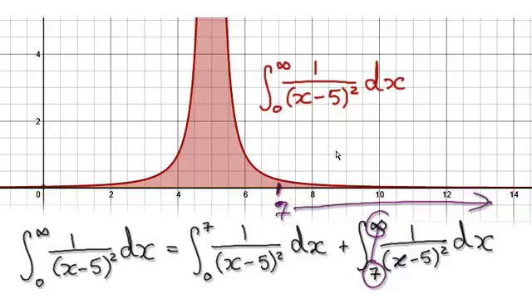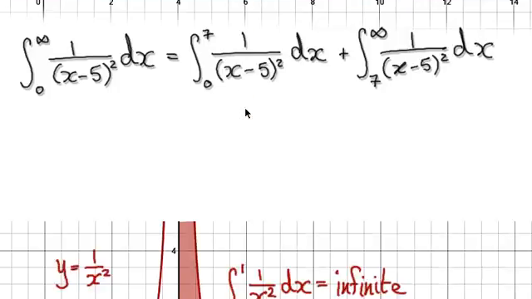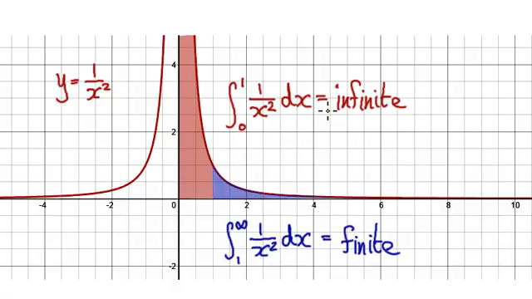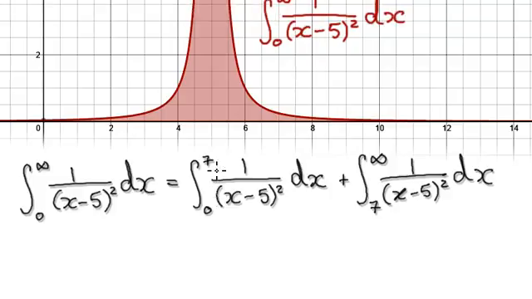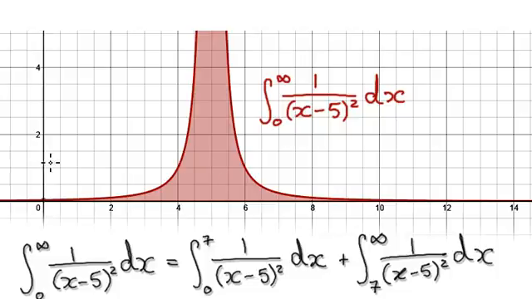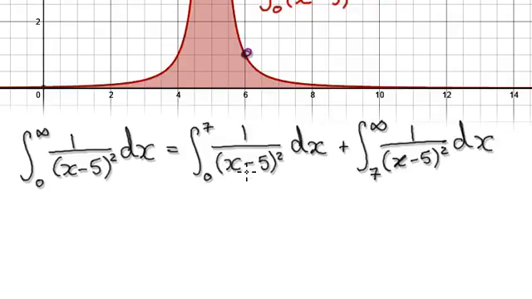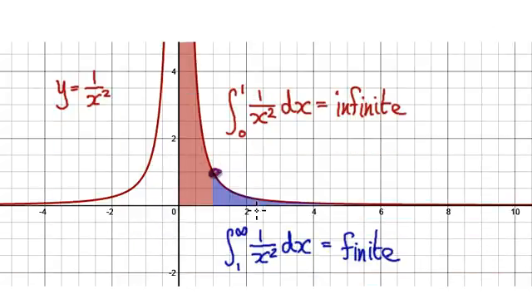Now, if you look at this here, hang on. Remember that when it comes to 1 to infinity, this thing here will converge. So this point here will correspond to this, because it's been shifted across 5. This point here is 1.